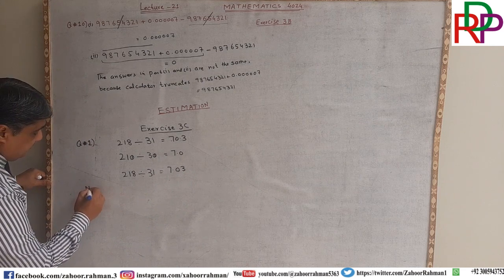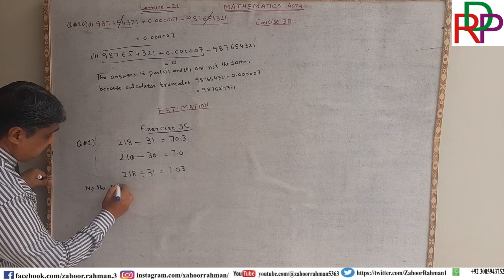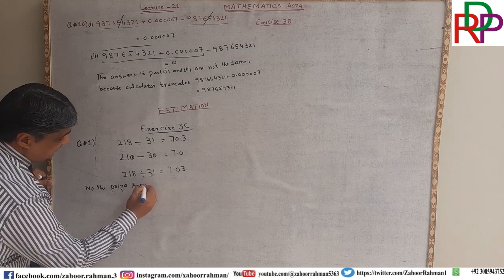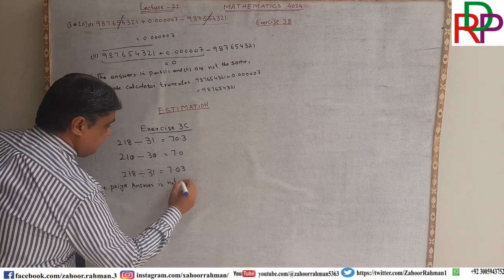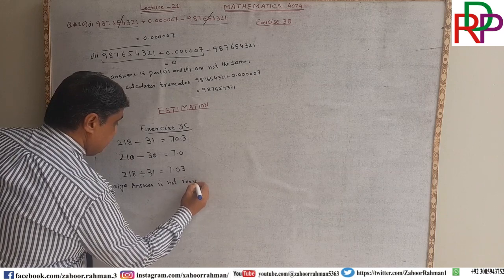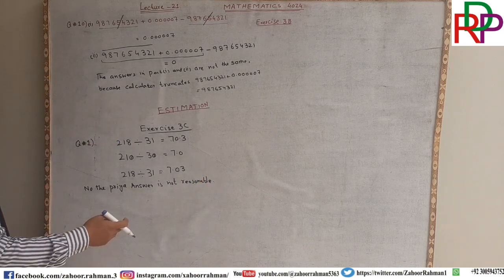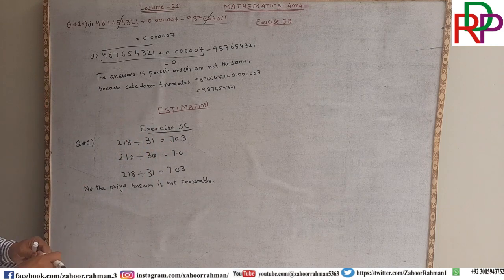So it means that 7.03 is the answer in the calculator. No, Priya's answer is not reasonable, because you can see 7 and 70 have a great difference between the two values.